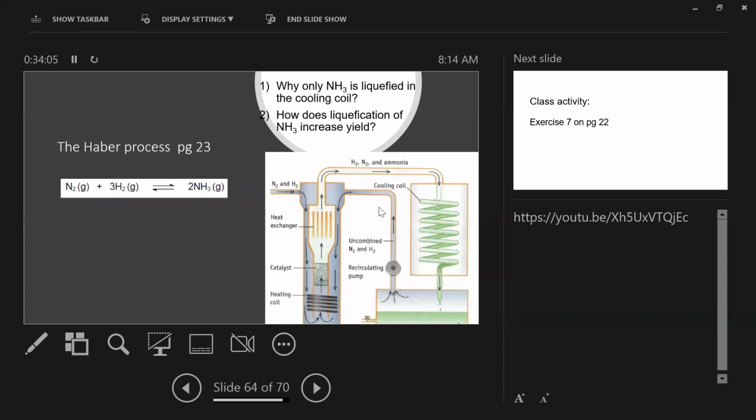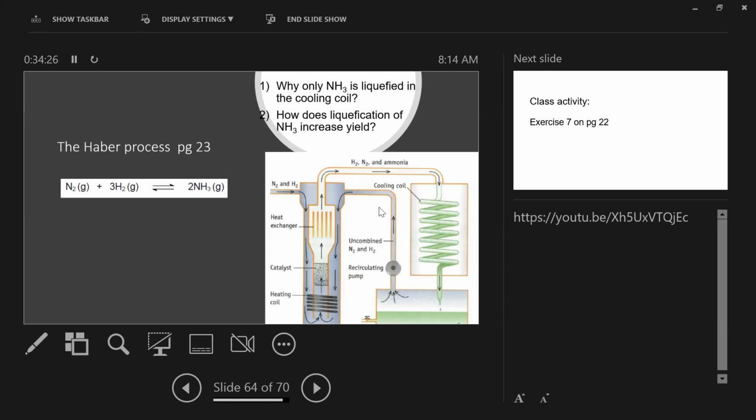That is essentially decreasing the concentration of ammonia. So when I liquefy my ammonia, I'm essentially decreasing the concentration of gaseous ammonia. Hence, the position of equilibrium will have to shift forward to partially offset that change.